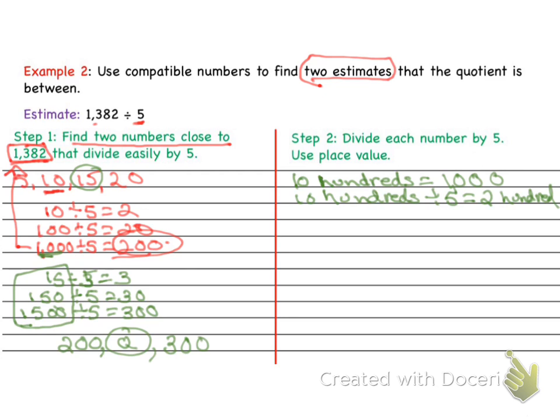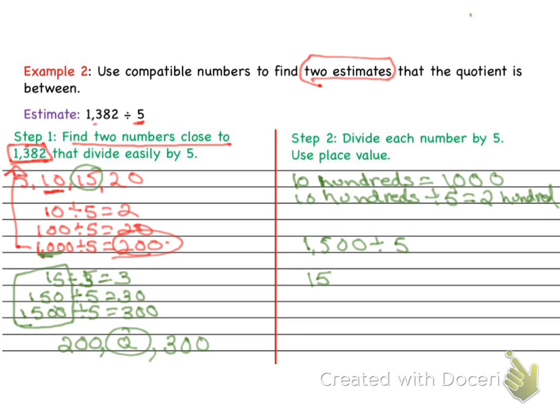So if I use the number 15, I get 1,500 divided by 5.